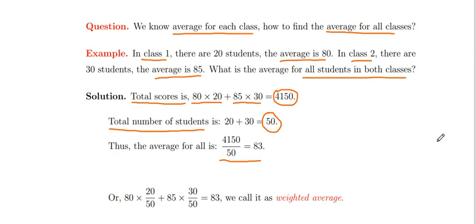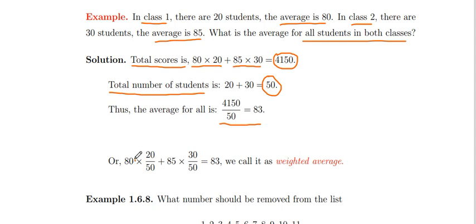We can also regard it this way. We have 2 averages, 80 and 85, and we want to find the average for all. So how much does this 80, class 1, contribute to the whole? The total number of students is 50, and class 1 has 20 students, so class 1 contributes 20 over 50.